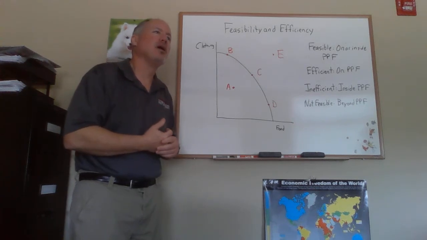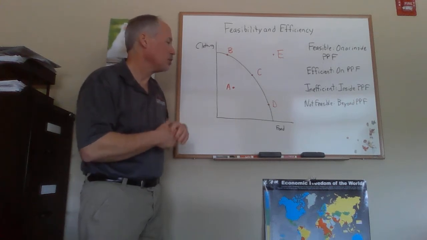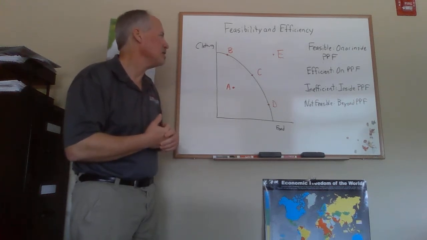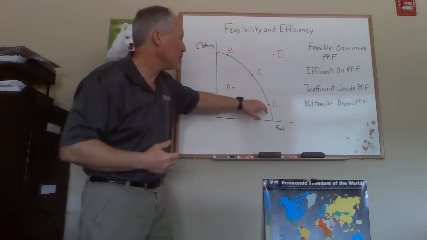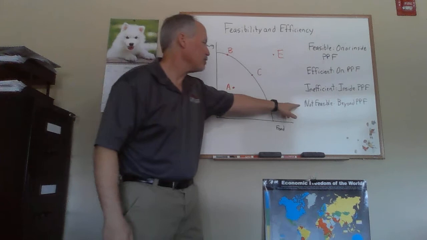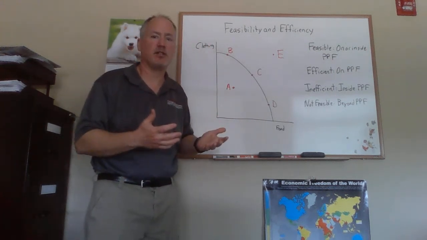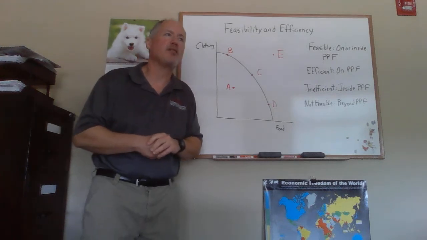So we need to think carefully or try to figure out what would be feasible. But anything that would be on the frontier or inside the frontier would be feasible. In contrast, any point that's beyond the production possibilities frontier is not feasible. So that's what the PPF shows us.